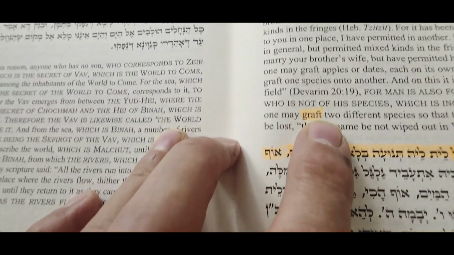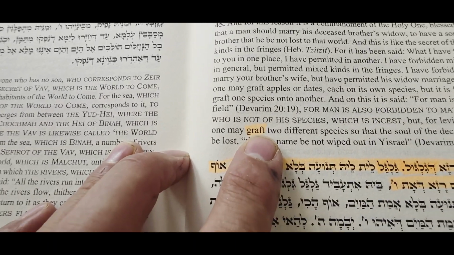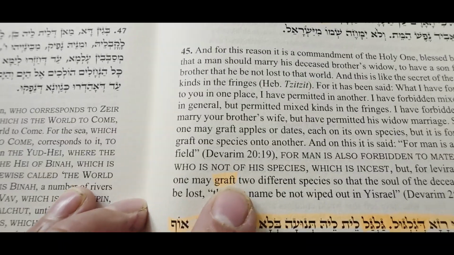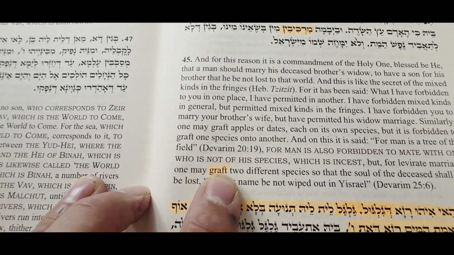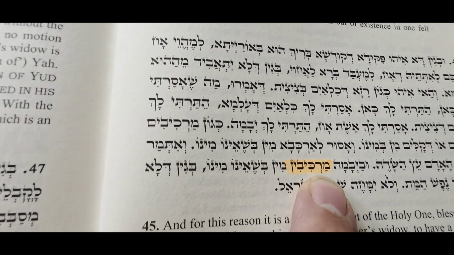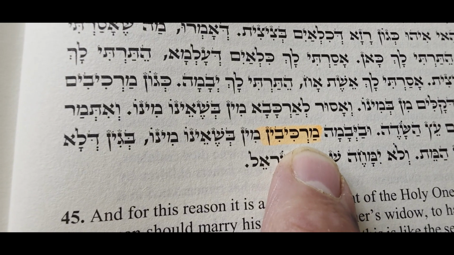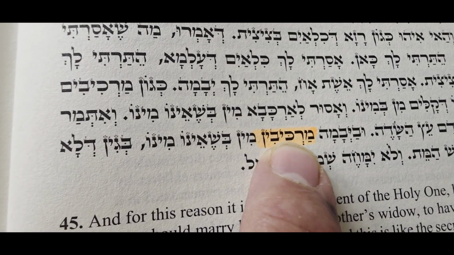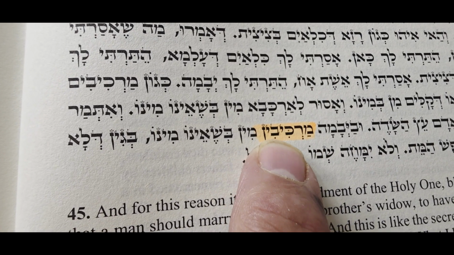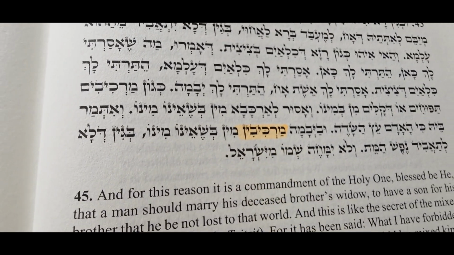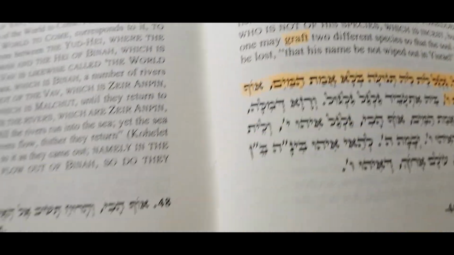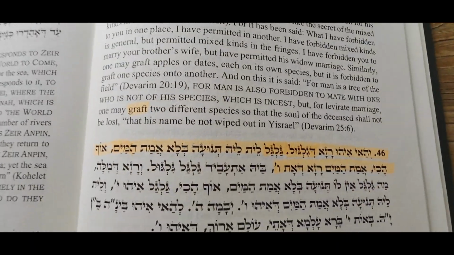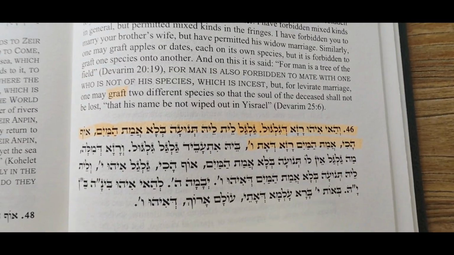We're going to certain parts. But here it explains about a levirate marriage. One may graft, and then you see that the word markivin, Reish Kaf Beit. It has the Reish Kaf Beit in it, okay? This, however, is a somewhat more important text.